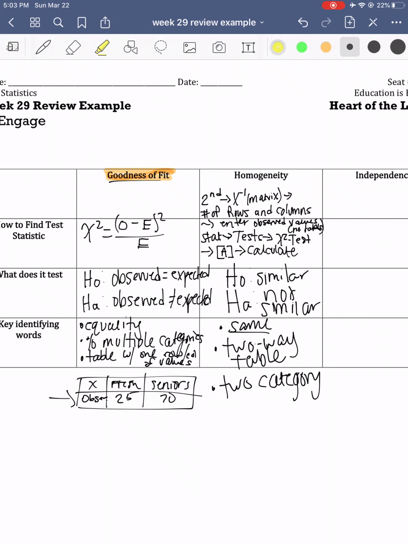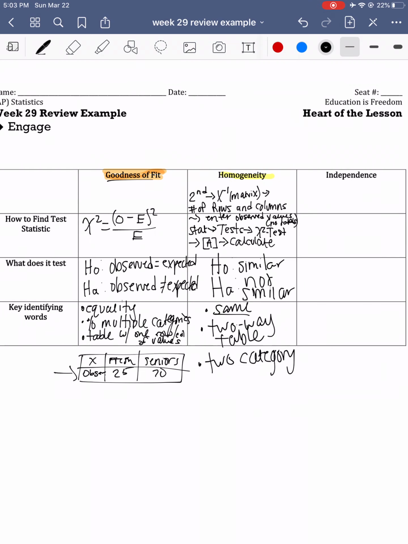One thing that's very similar between the independence test and the homogeneity test is that we have this two-way frequency table, and that's what gives us this kind of two-way test: similar, not similar, versus associated, not associated.